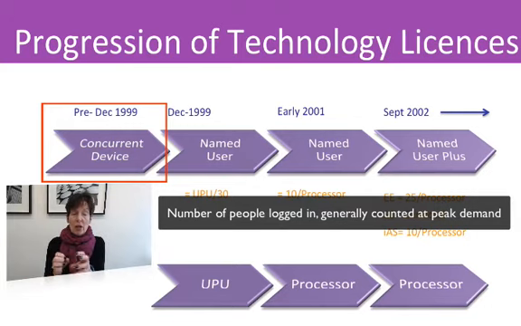It was purely on when the person was logged in, and we counted up how many people had actually logged in. And we used to get spikes in the morning and spikes at lunchtime and perhaps spikes at month end. And what Oracle would do when it was perhaps auditing would be to count the spikes. So what's the maximum number of people that were logged in at any one time? And that's how you worked out your concurrent devices, and that's how you decided how many were needed.